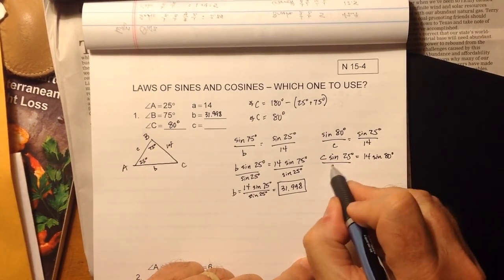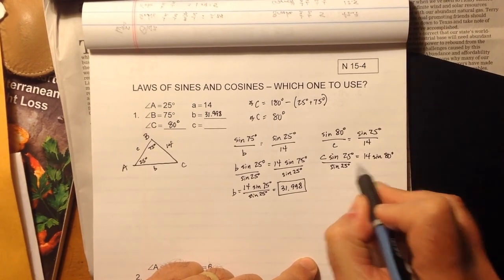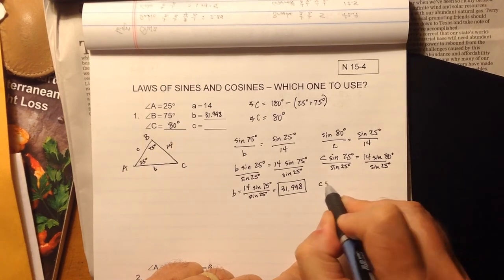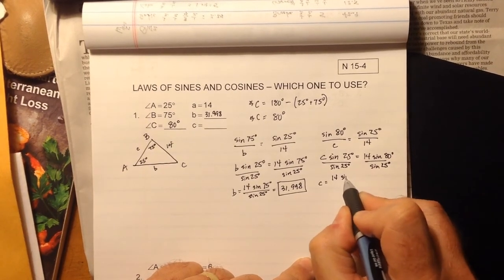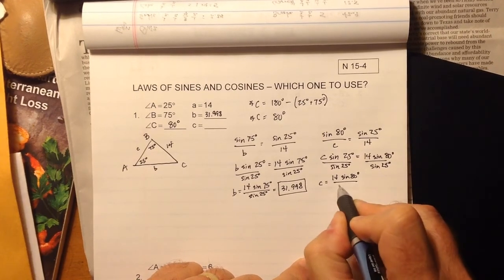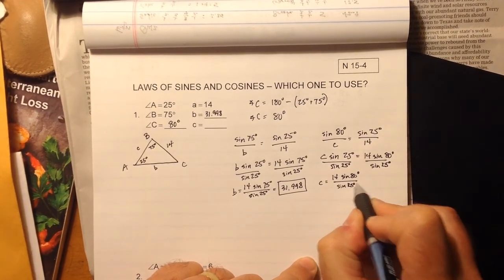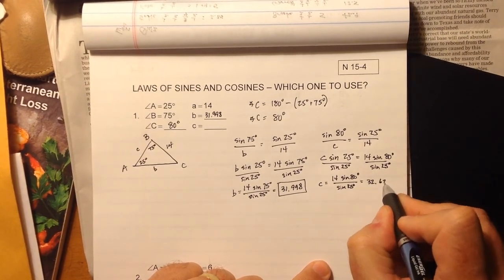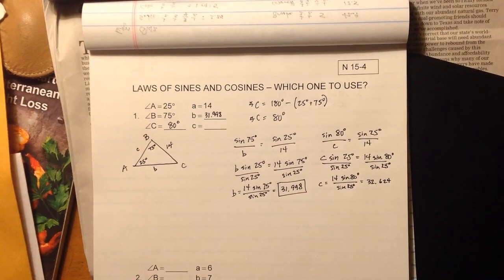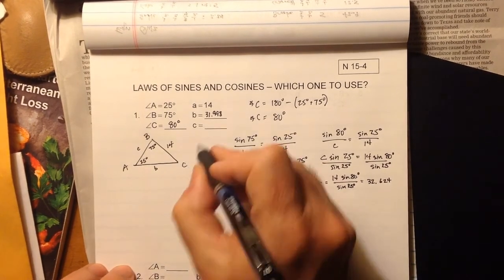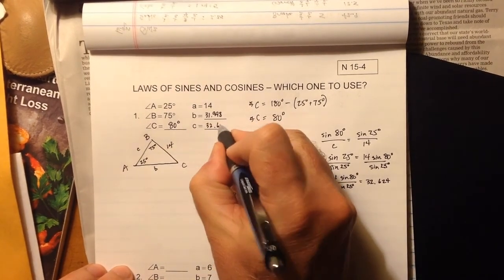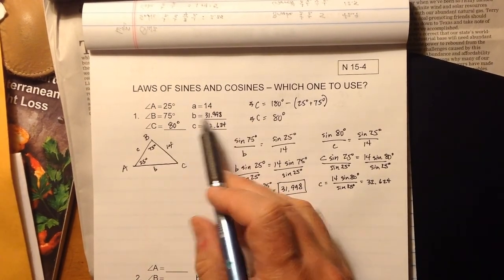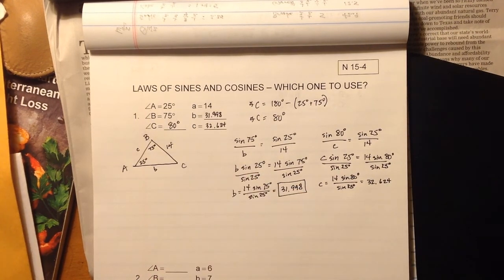And I divide both sides by sine 25. And little c is equal to 14 sine 80 degrees divided by sine 25. And it turns out that is 32.624. All right? Notice the largest side is opposite the biggest angle, and the smallest side opposite the smallest angle.